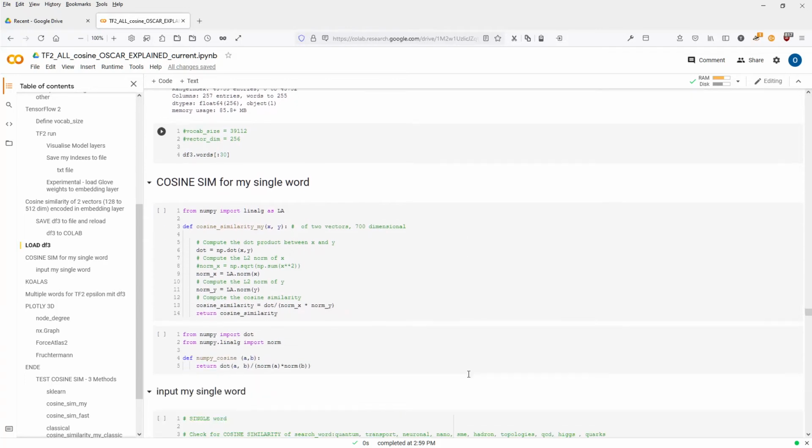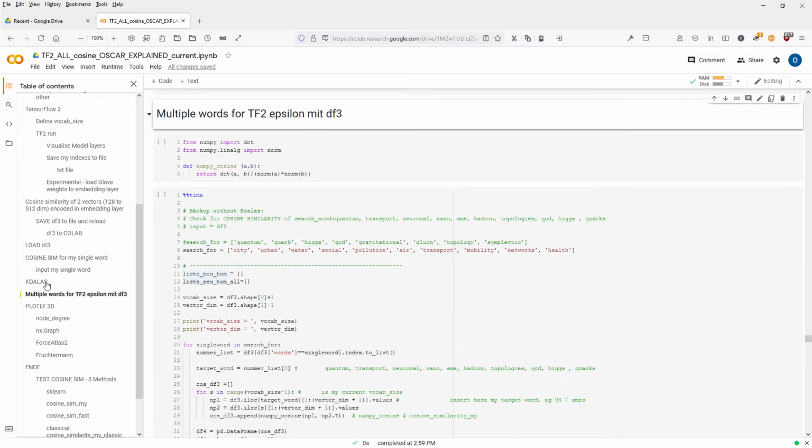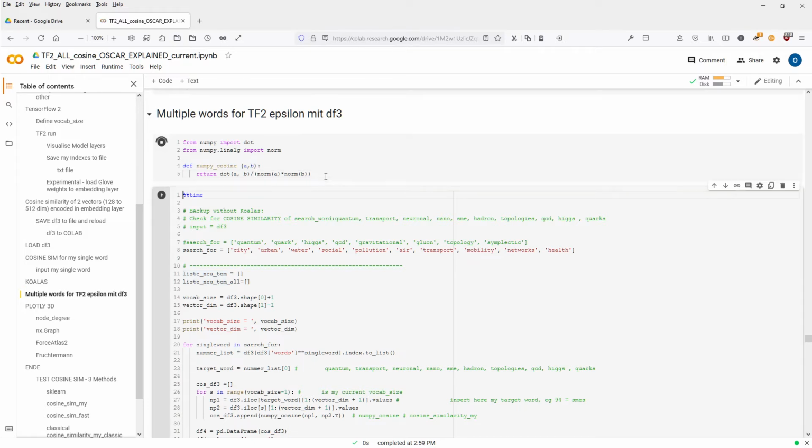And what I want to show you now, we could also opt for Koalas, but we are here in a pandas data frame with a low-dimensional thing, so no problem at all. What I want to show you now is if you have multiple words, and this is exactly what I'm interested in. So let's say here I have the word city, I have the word urban.